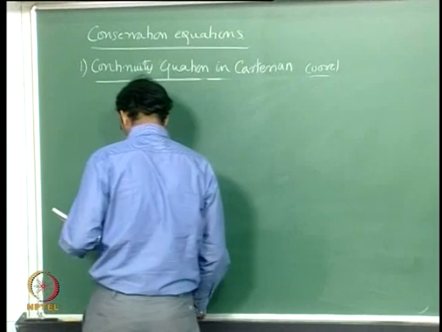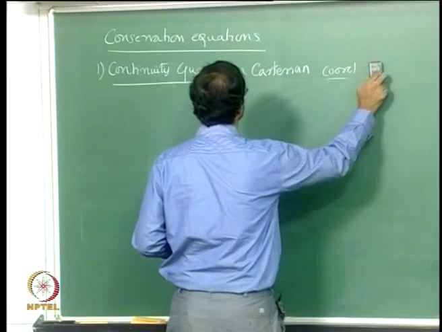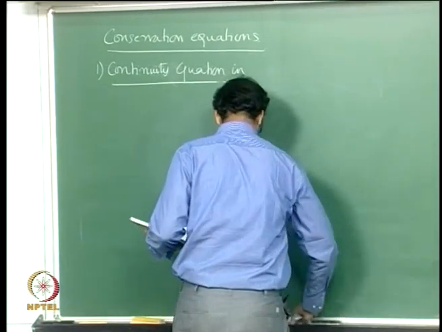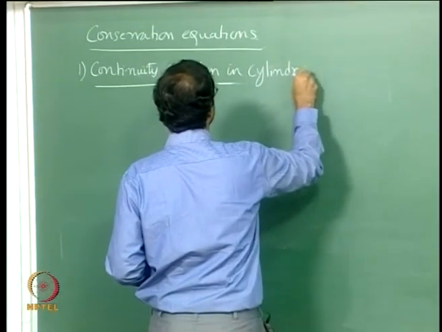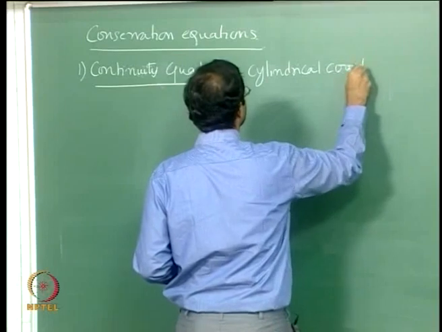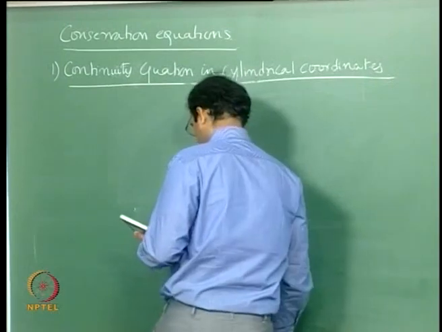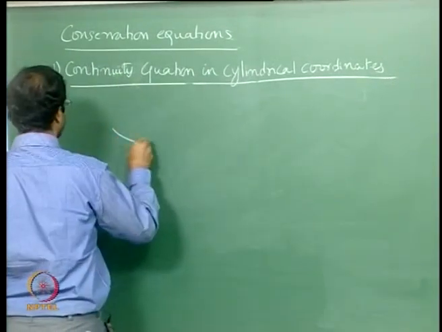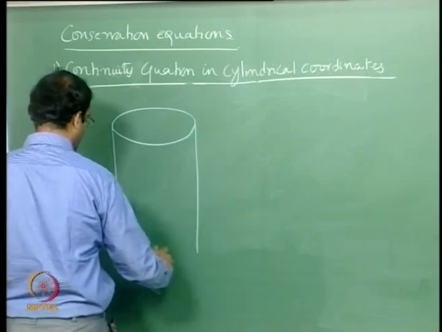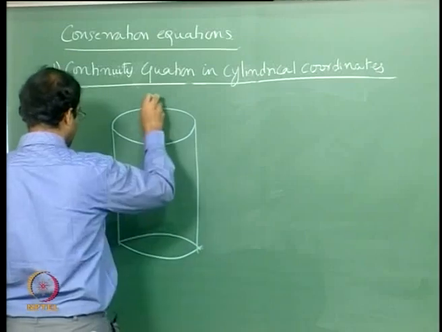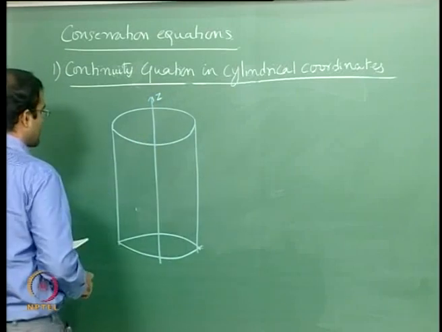So let us define the control volume for the cylindrical coordinates. In this case we will take a fluid volume which is in the form of a cylinder, and this is your axial direction z.